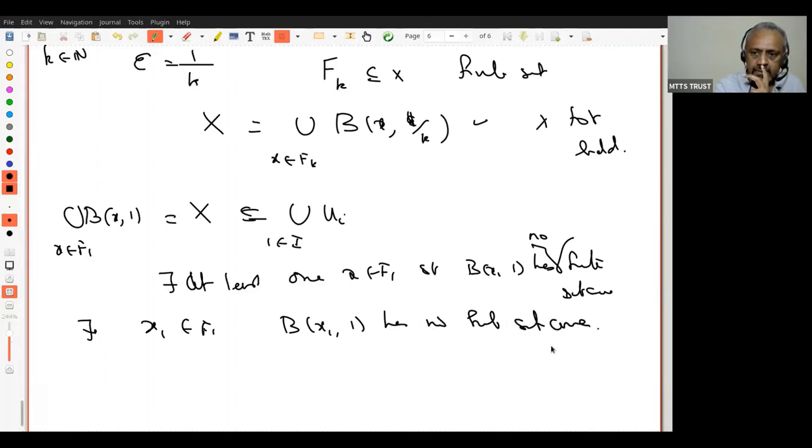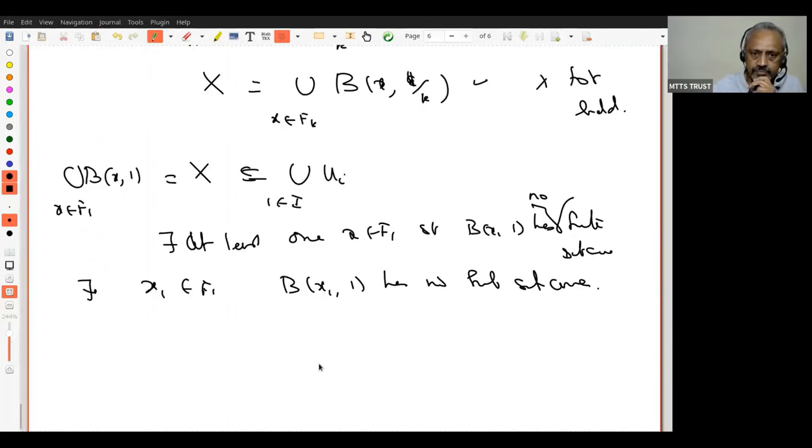But I would like closed and bounded there. I would like it to be closed also. So what I can do is rewrite this whole thing like this: the union of closed balls over x in F1. My notation for closed ball is B(x, R) closed.